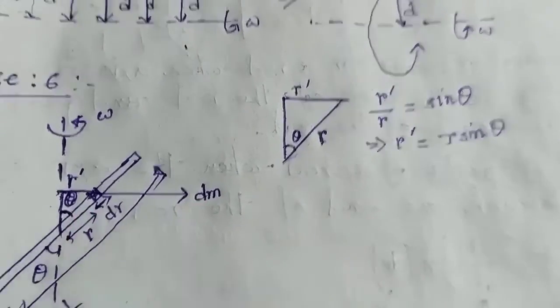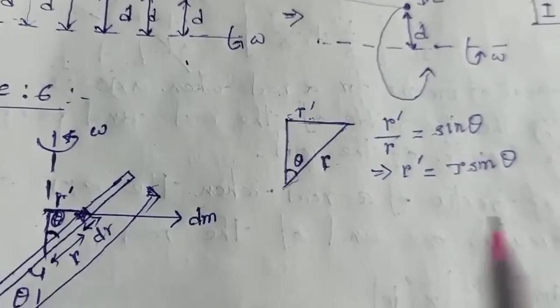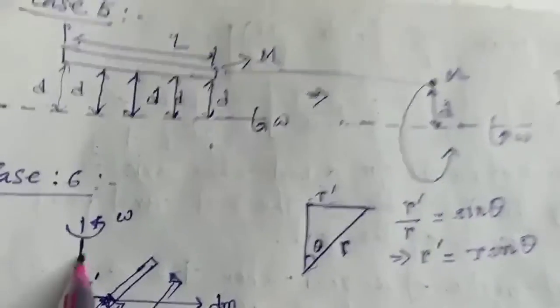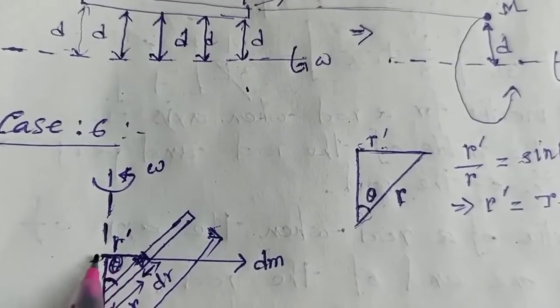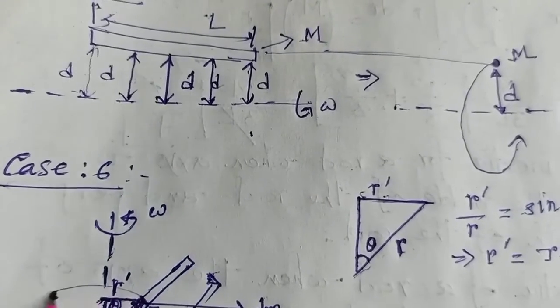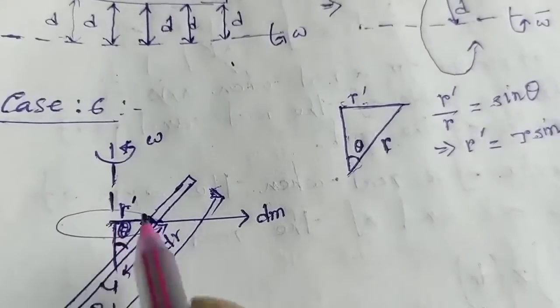Now we will consider this r dot, not this r, because this is our axis and this rod is rotating in this orientation.